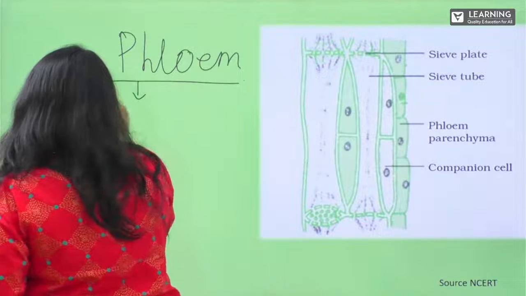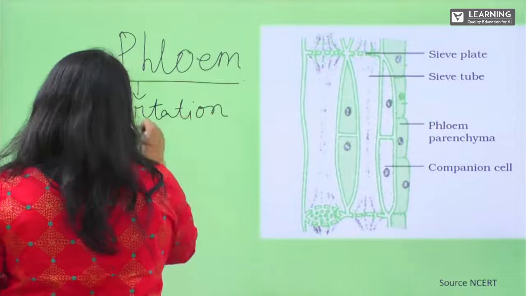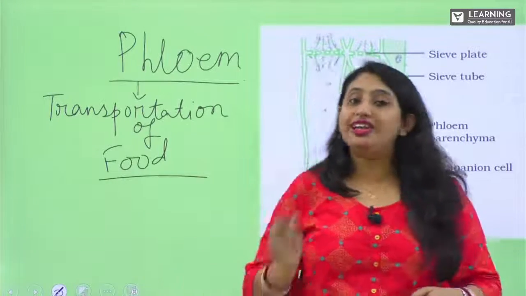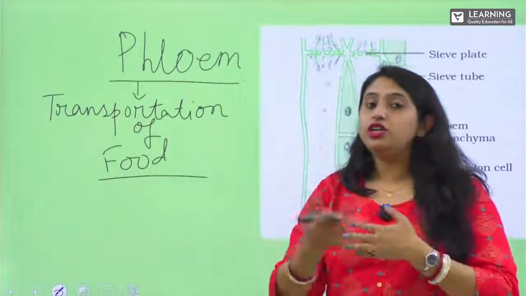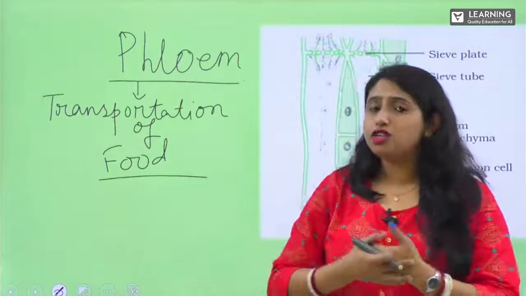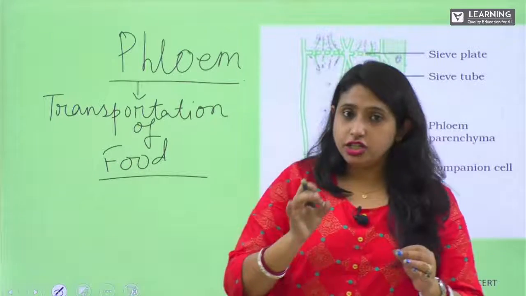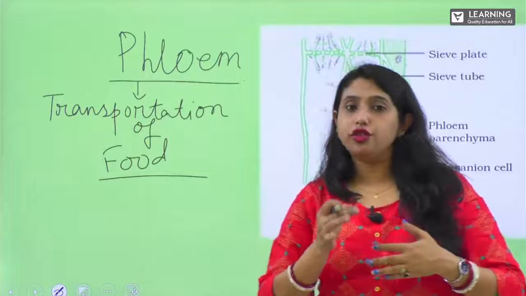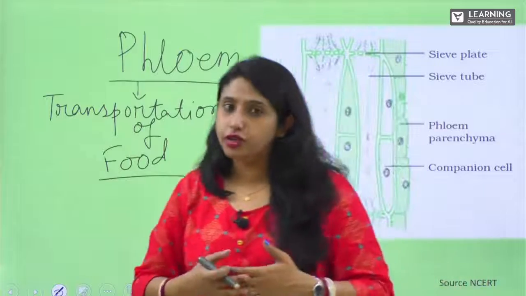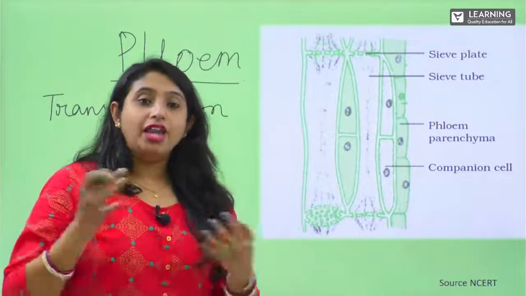So, transportation of food. From where does the transportation of food take place? The plant is preparing the food in the leaves, right? So from the leaves, the food needs to be transported to all the parts of the plant, or do only the leaves require food? All the parts of the plant require food, right? So it needs to be transported. There is a vascular tissue responsible for transportation of food, and it is known as your phloem. Phloem is made up of 4 elements, or cells.